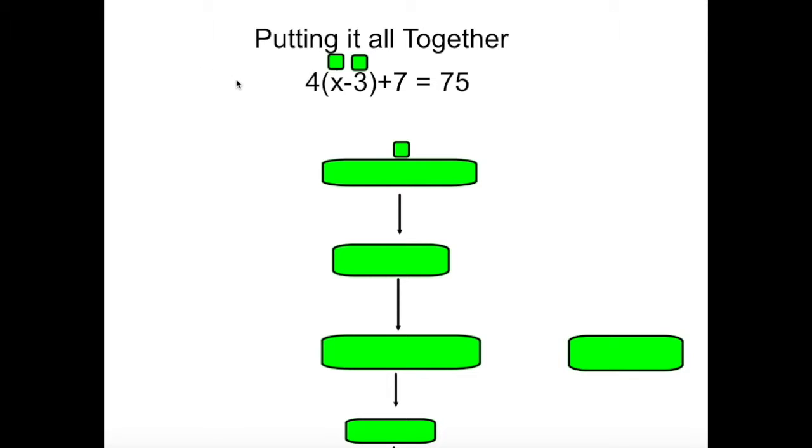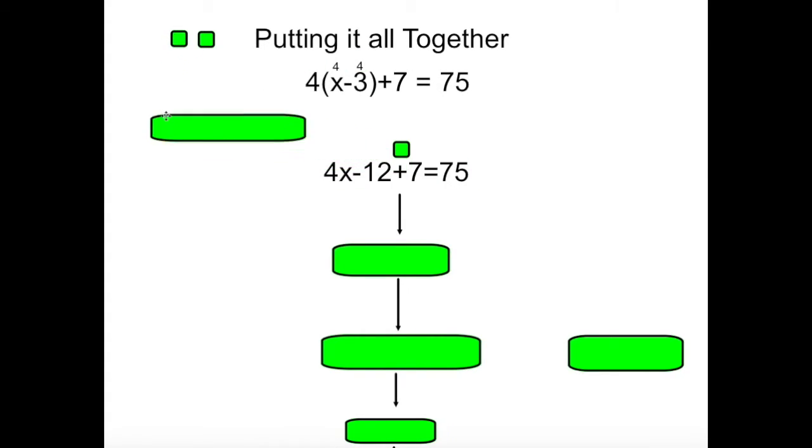Alright, so let's dive into this equation. So we have 4 times x minus 3 in parentheses plus 7 equals 75. Now the first thing I see is these parentheses, and we need to distribute that 4 into there. So the 4 will go to the x and to the 3.